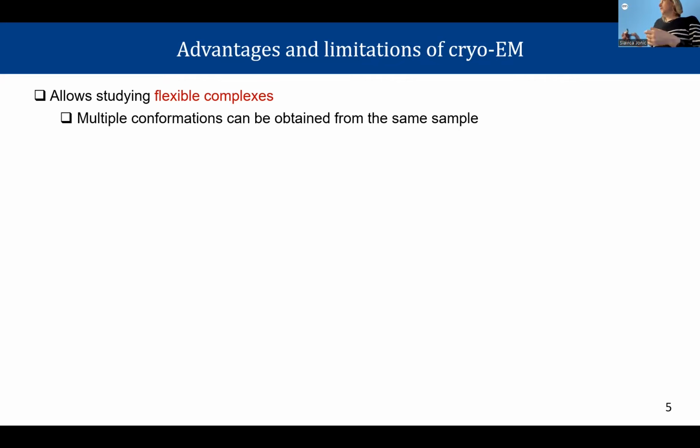And for each different conformation, you need a different crystal, so you need to grow all these different crystals. This is not that easy, it takes time. And the crystal has to be of high quality so that it produces good diffraction patterns.